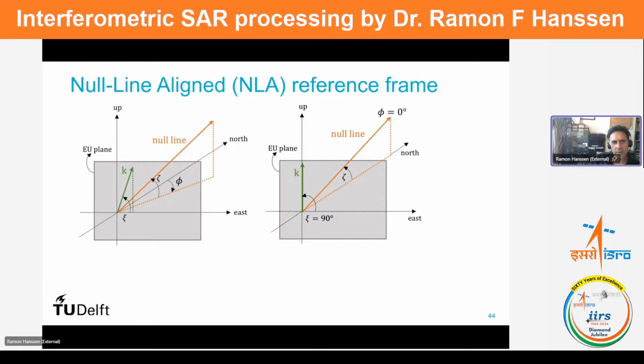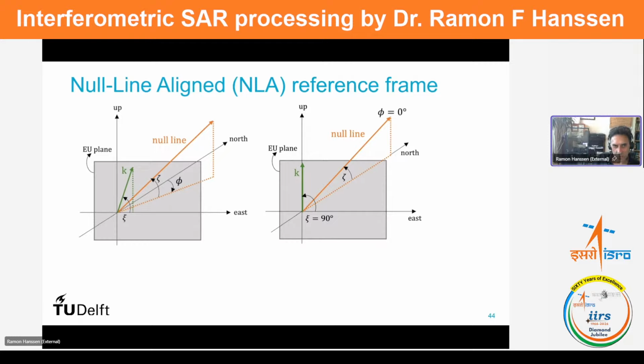So if we would do it in the east-up plane, this would be what is often done, then basically any motion here along the null line, which we cannot observe, would result in a projection onto that east-up plane. So this projection K, and we would not know which error we would make.